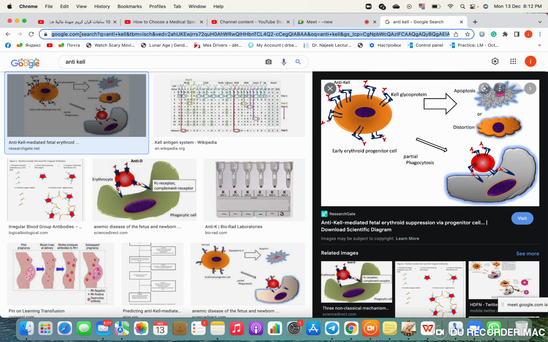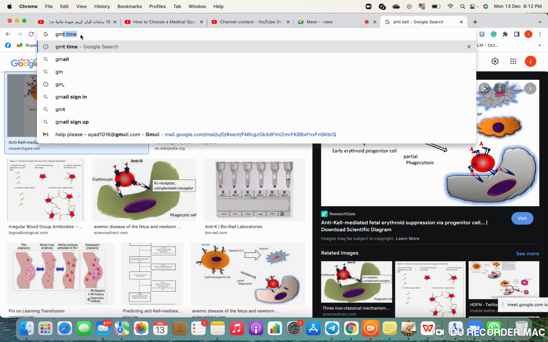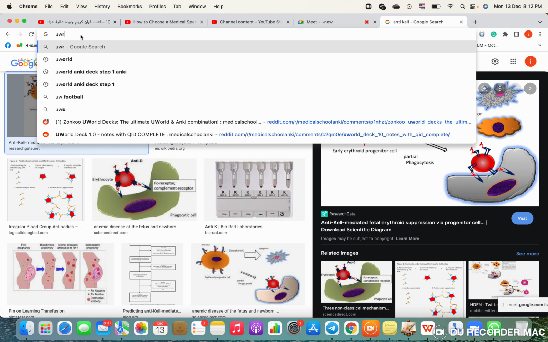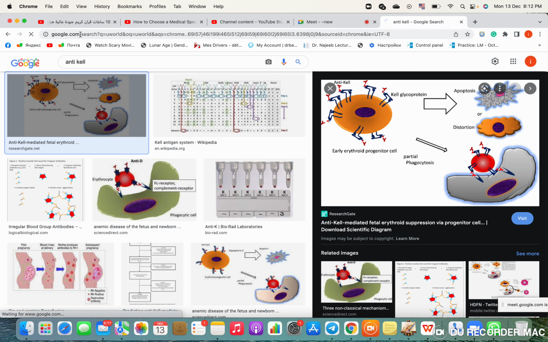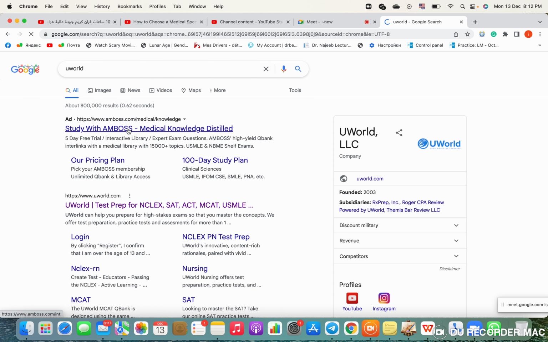Because old men also have a low amount of T cells as well, which is quite common. So just a second. Let's take a look.